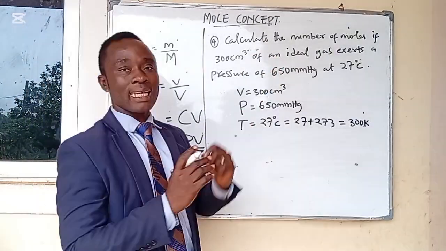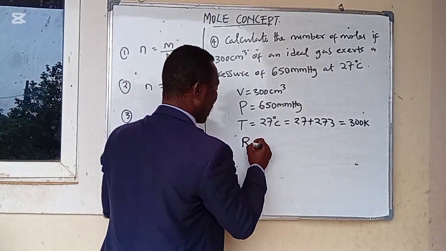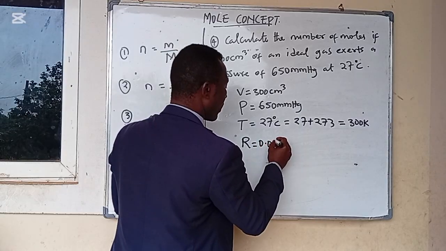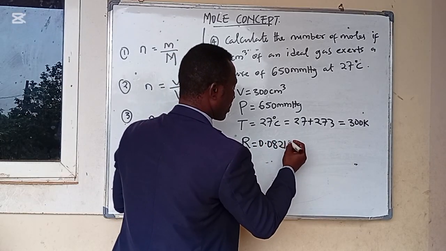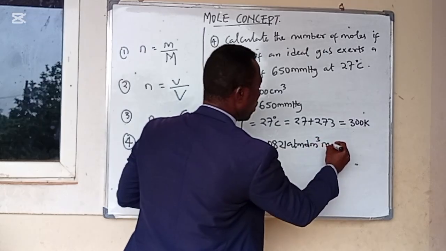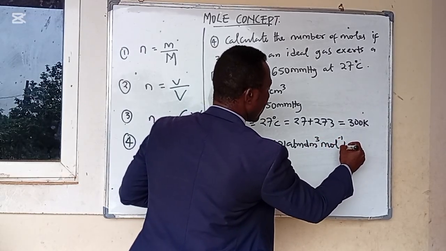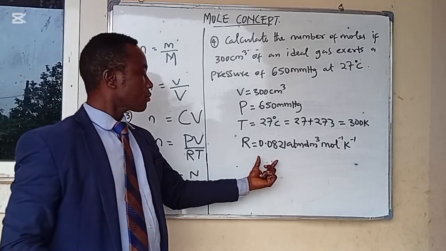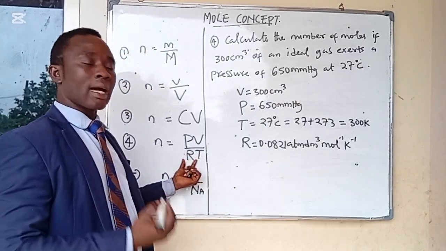Since this is an ideal gas, we know that the molar gas constant is 0.0821 atm dm³ per mole per Kelvin. That is the molar gas constant.